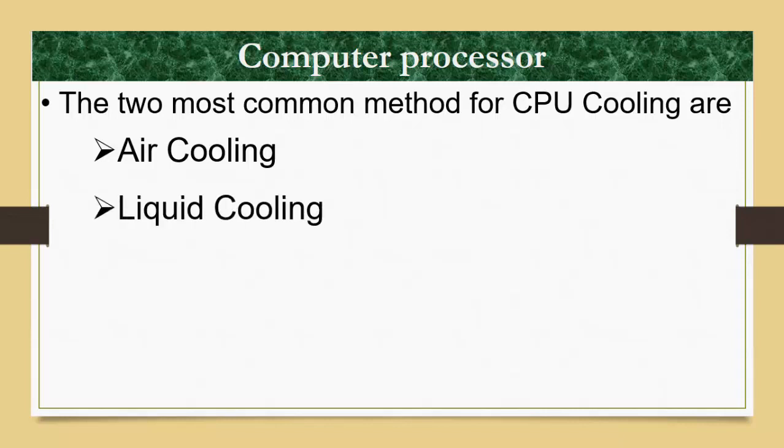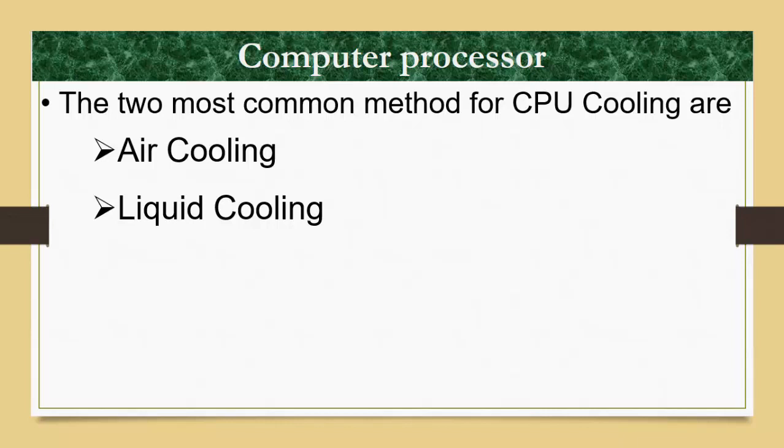Okay, students, the next one is the liquid cooling system. Liquid cooling is also one of the methods to cool a processor, but it's normally used in special systems because it takes a large space.